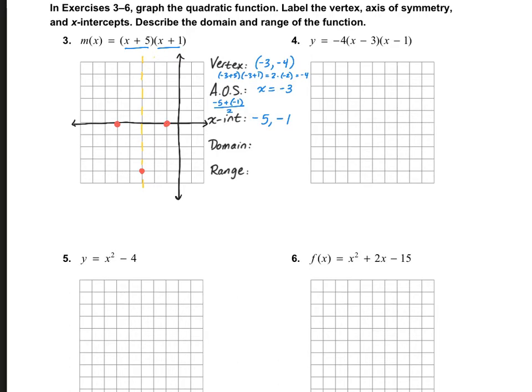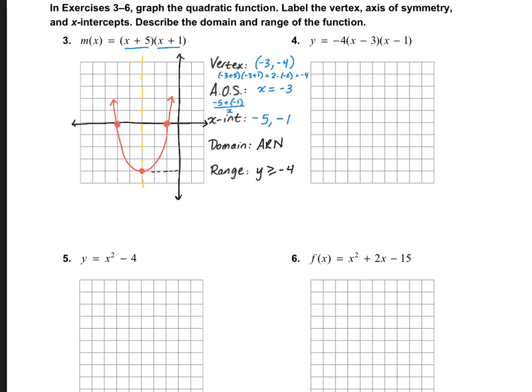And then all that remains is going ahead and drawing a nice curve through those 3 points, and we'll call that done. Oh, not quite done. We need to find the domain and range. So the domain is all real numbers, and the range will be everything above this -4 number. So we have y is greater than or equal to -4.